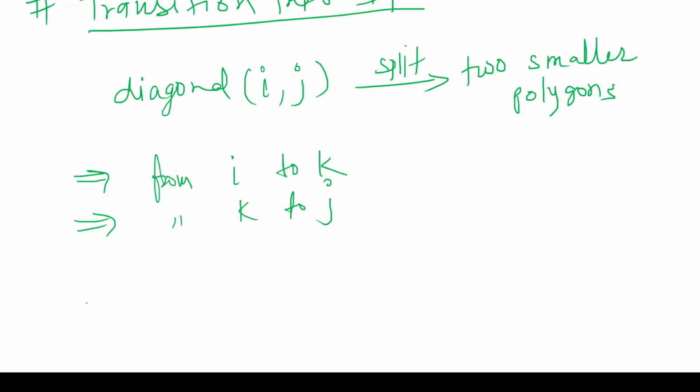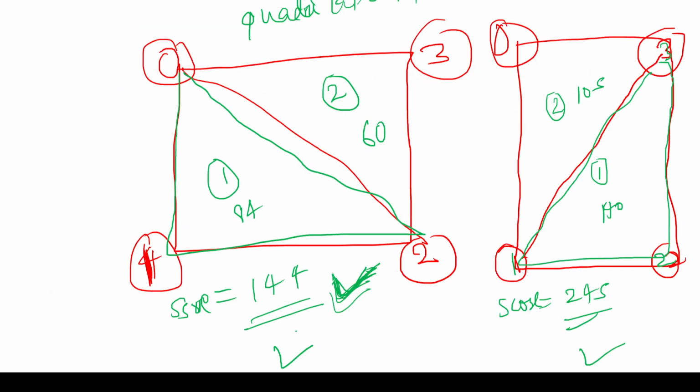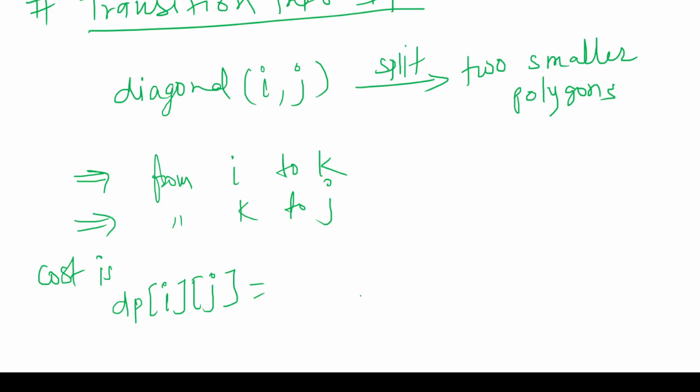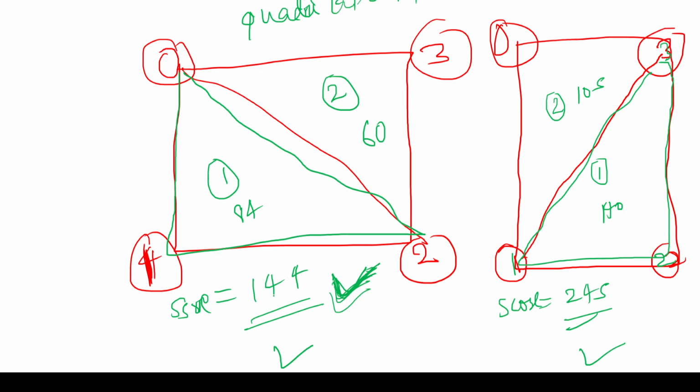So now I can say, okay, find the cost. So okay, I'll say the cost is what? If I have something called dp at i and dp at j, we have to check that the score is 144 and 245, right? But in this case, what we need is a minimum, right? Both, you see, the minimum is 144, right?